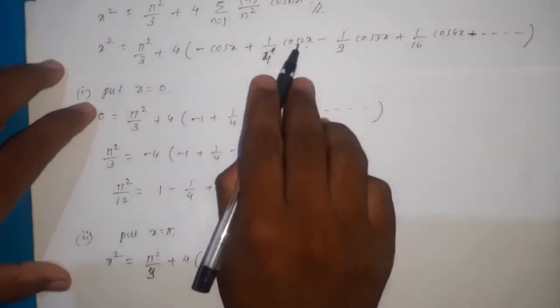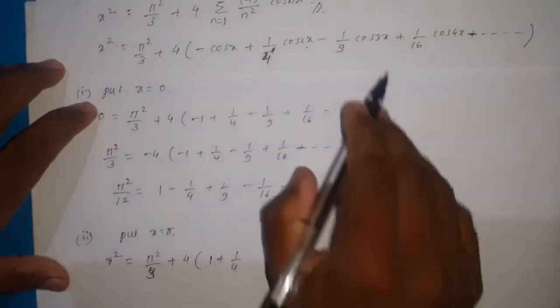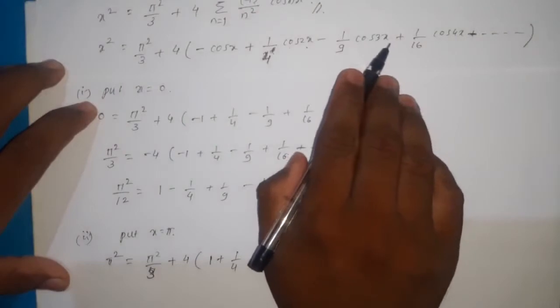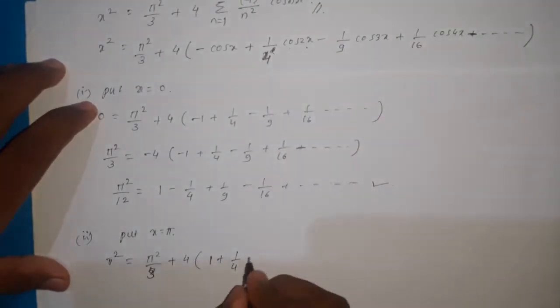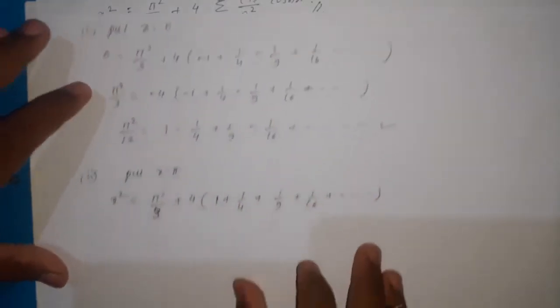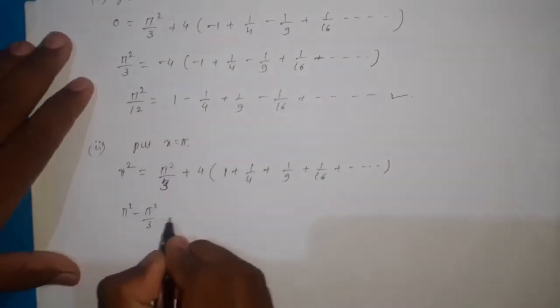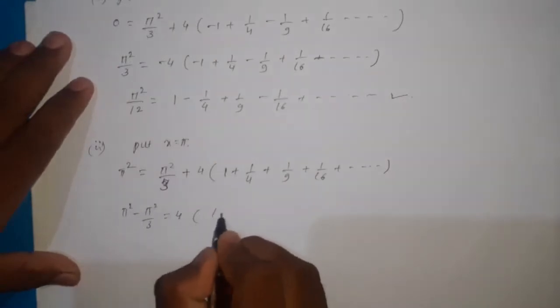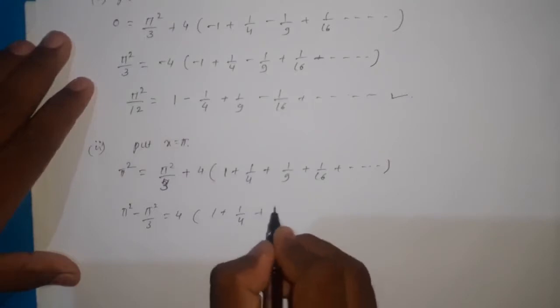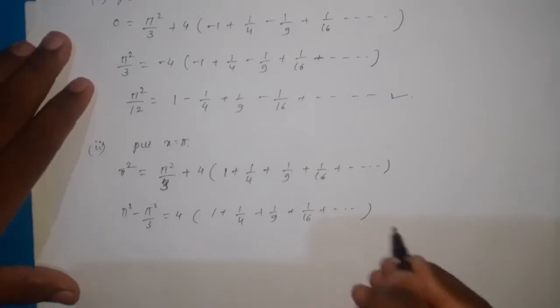Then for cos 2 pi, that is plus 1 only, so therefore 1 by 4, and cos 3 pi is minus 1, so minus is there, so plus 1 by 9 plus 1 by 16 and so on up to infinity. Now this is pi square minus pi square by 3 is equal to 4 into 1 plus 1 by 4 plus 1 by 9 plus 1 by 16 and so on up to infinity.